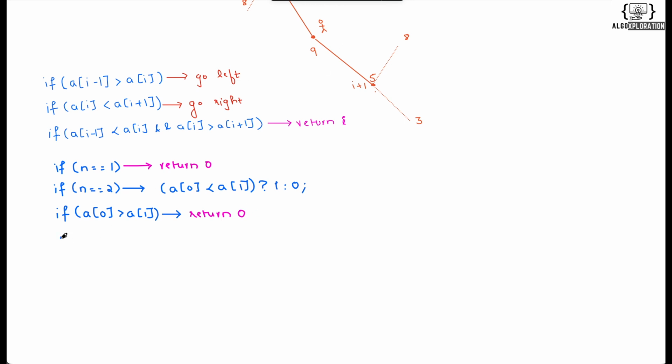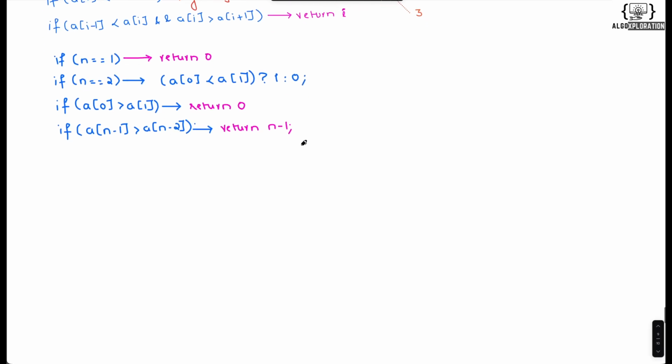Similarly, if a of n minus 1 is greater than a of n minus 2, here also we can simply return n minus 1. Now we are going to have the while loop for the binary search approach. So low will be 1, high will be n minus 2, because for 0 and for n minus 1 we already have the conditions.